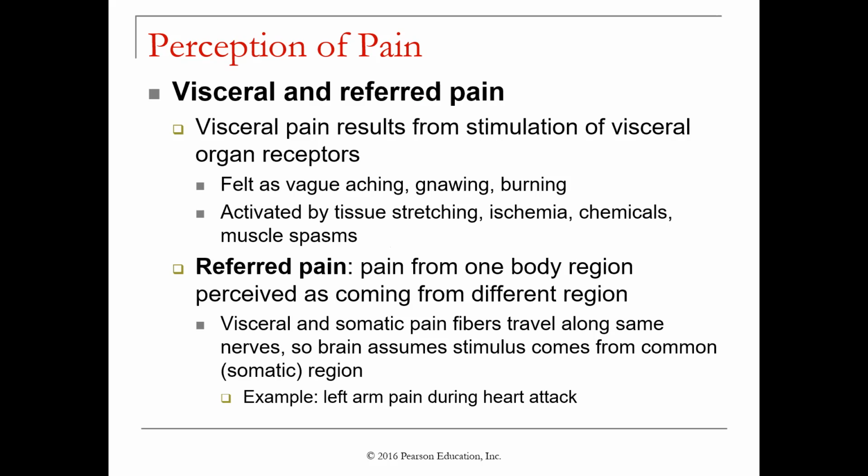You have pain from your gallbladder, for example. You have what you say are stomach cramps. Well, they're not really stomach cramps. You have swelling; the small intestine swells because of gas buildup. That's visceral pain.